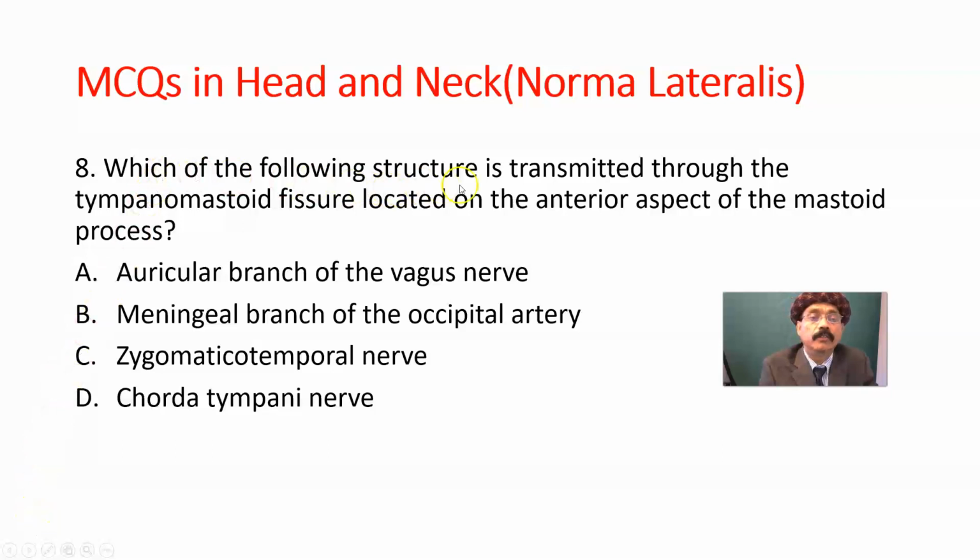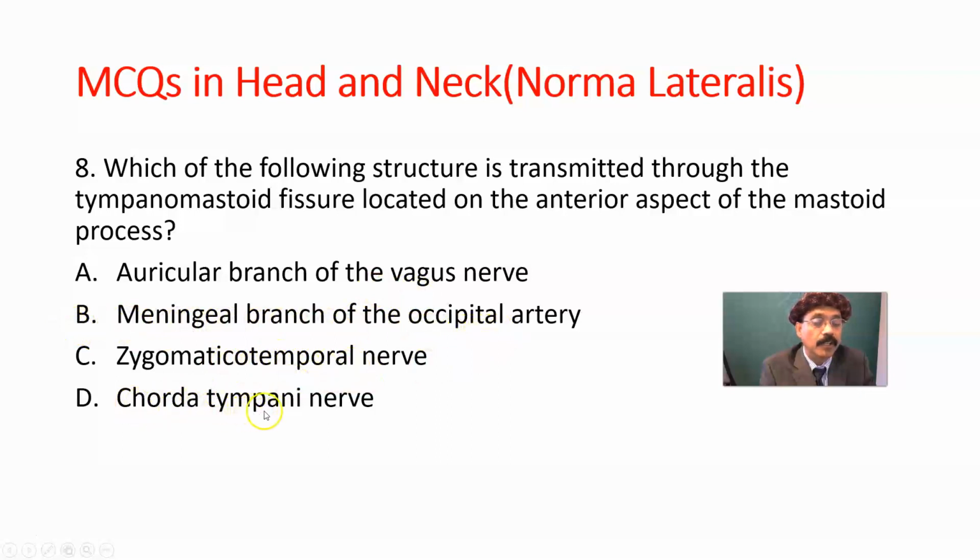Number 8. Which of the following structures is transmitted through the tympanomastoid fissure located on the anterior aspect of the mastoid process? A. Auricular branch of vagus nerve. B. Meningeal branch of the occipital artery. C. Zygomaticotemporal nerve.